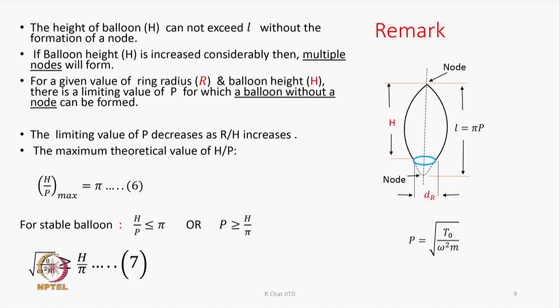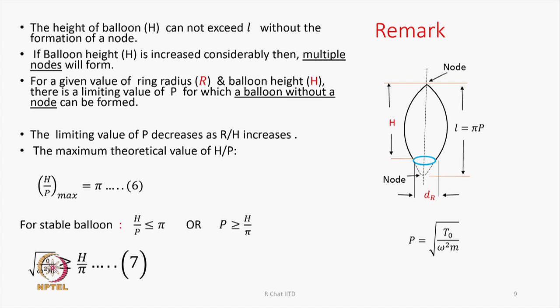The maximum theoretical value of h by p is actually pi, because L is equal to pi p. The distance between two nodes is pi p, and lambda, or your h, cannot exceed the distance between two nodes.